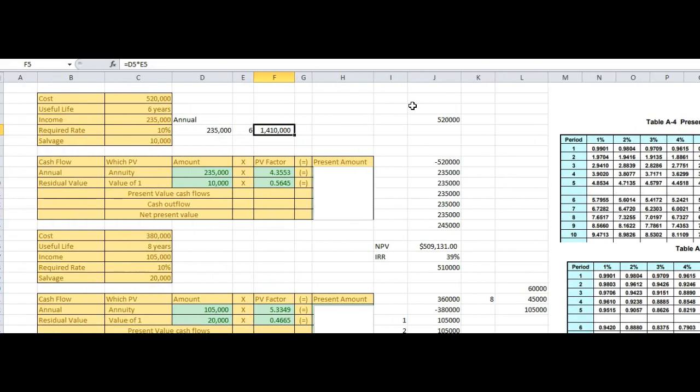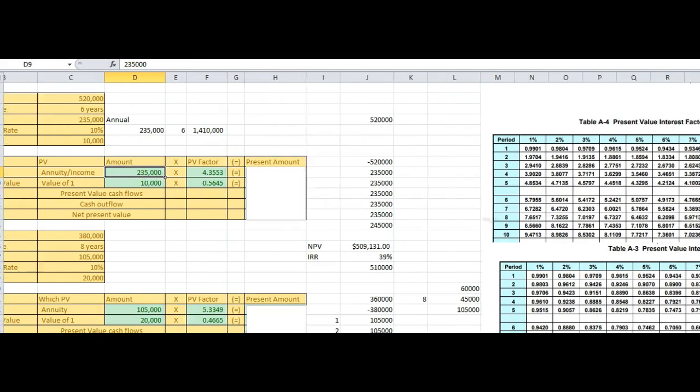So what do we do with this? Well, first of all, I make a table because I can't keep track of anything without a table, as you well know by now. I'll just put PV. So we have the annuity, which is actually the yearly income, but I put annuity so you would know which table to use. So the annuity is 235.